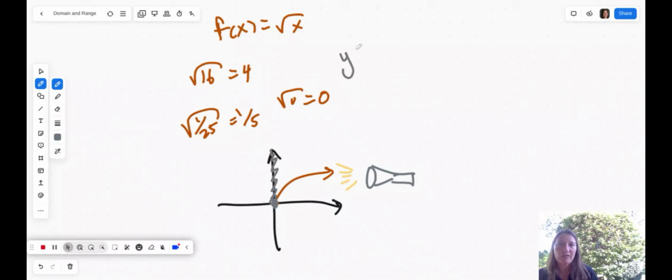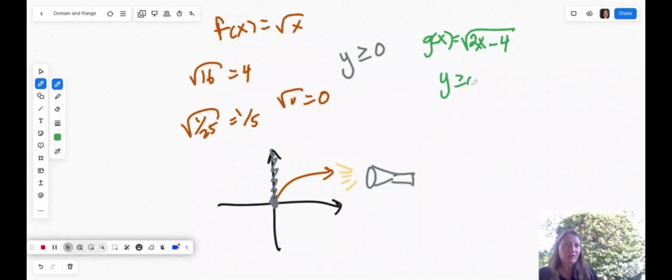I get no shadow in there. So y is greater than or equal to 0 really is my range here. And if I add something on the end, and again, it doesn't matter what I have in there, if I have square root of 2x minus 4, that doesn't really matter at all. That would still have a range of y is greater than or equal to 0.